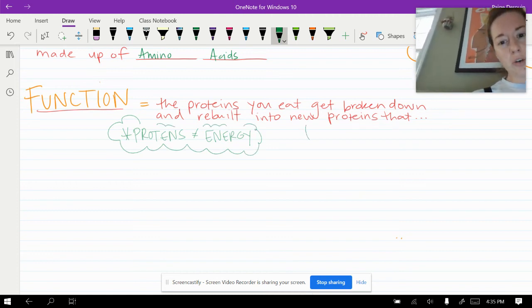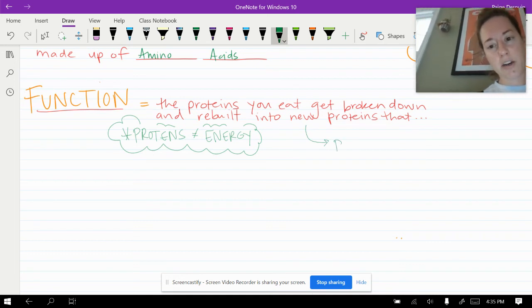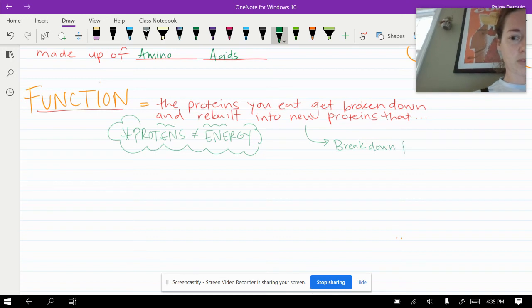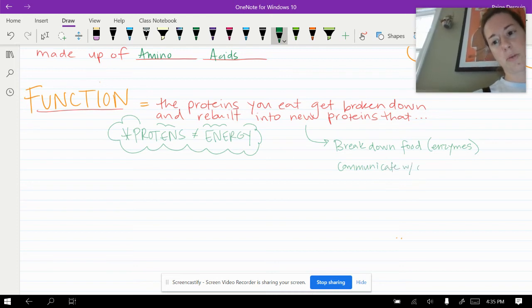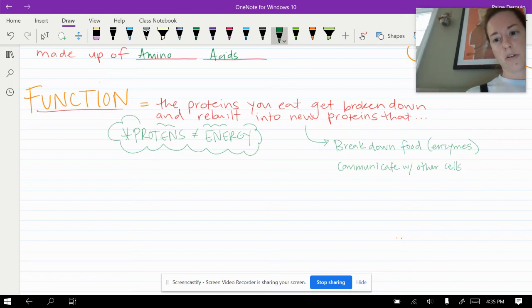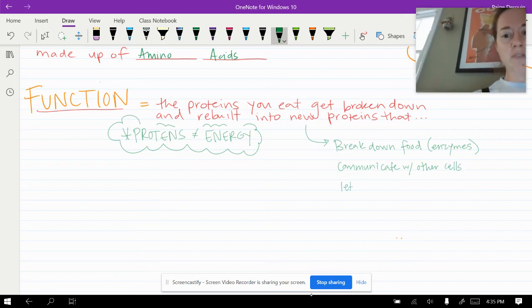What they do is they break down your food. Those are called enzymes. They communicate with other cells. They let things in and out of your cells.